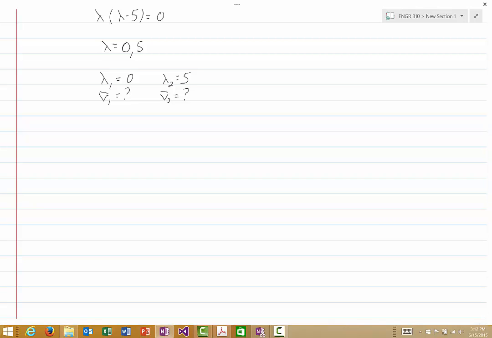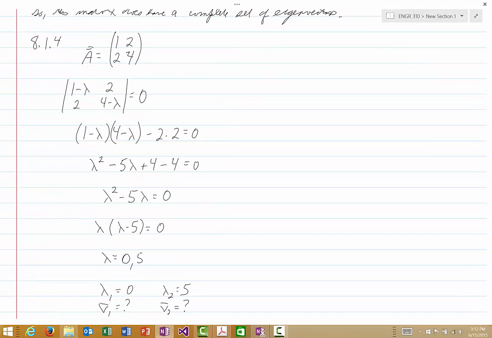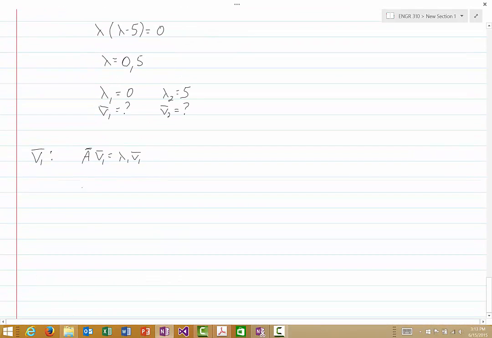Again, in both cases, in order to find the eigenvector we start back with the defining equation. So A times V1 is equal to lambda 1 V1. And let's remember, A is 1, 2, 2, 4. So 1, 2, 2, 4, x, y is equal to lambda 1, which is 0, x, y.